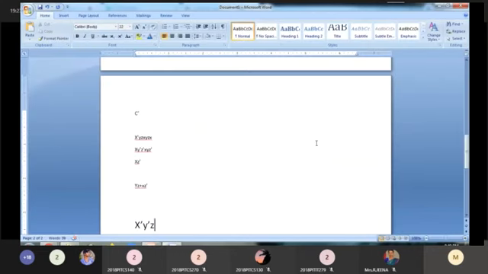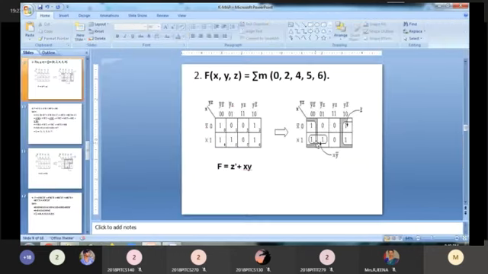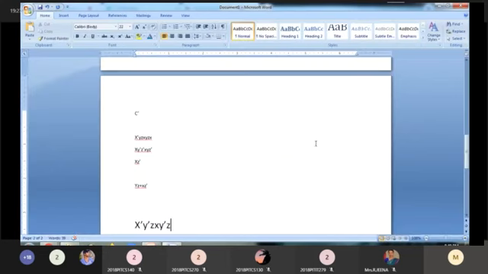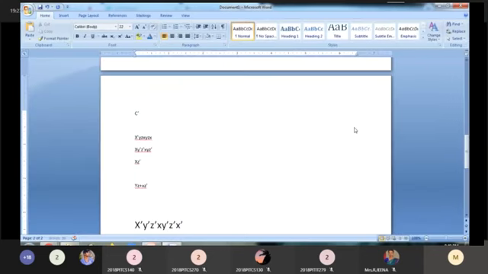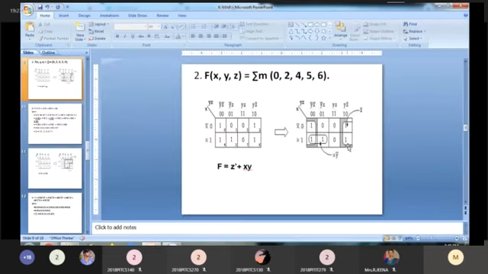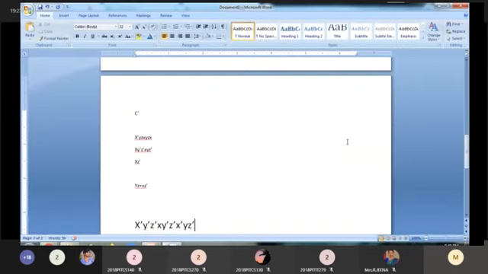X, Y bar, Z bar. Here also Z bar. Next, what is the next value? X bar, Y, Z bar. What is the next value? X, Y, Z bar.